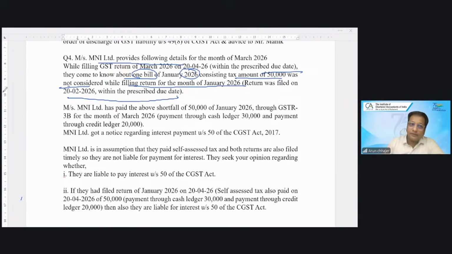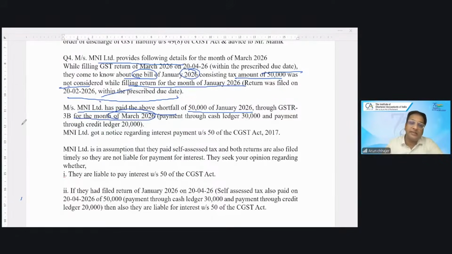Messrs. MNI Limited has paid the above shortfall of rupees 50,000 through GSTR 3B for the month of March.